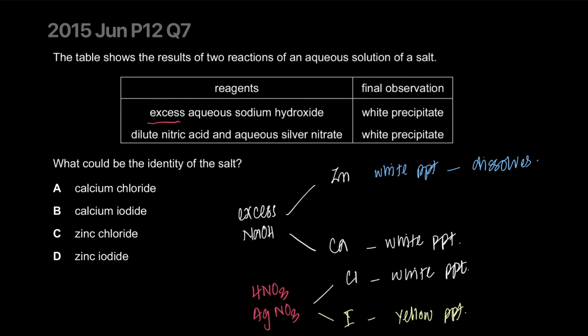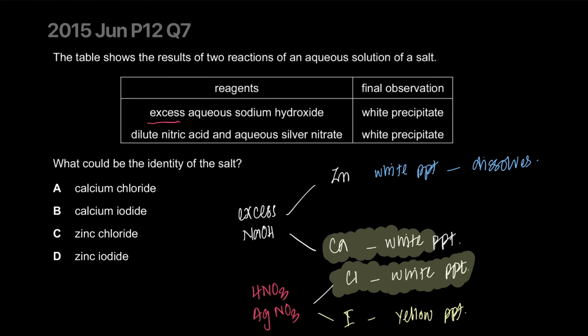You're getting a positive test for chloride and a positive test for calcium because it doesn't dissolve in excess, right? So you have calcium chloride as your answer. The answer is A.